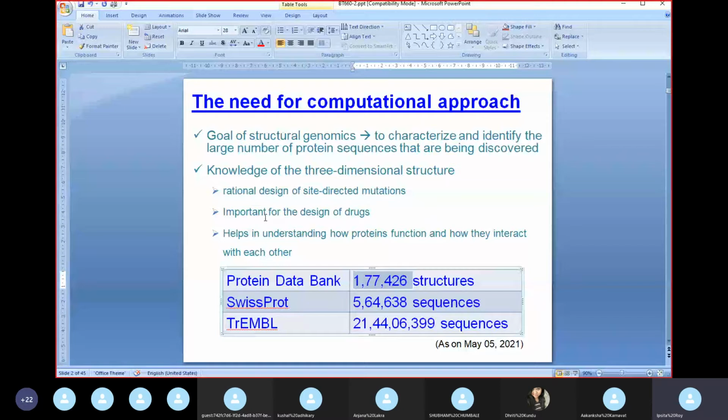But when I look at the computational model of that protein, I find that if I carry out this mutation, the whole structure would collapse. So then I know that particular mutation will not work. Then I look at some other mutation, and some other mutation.